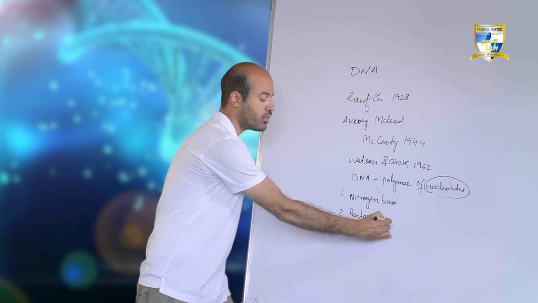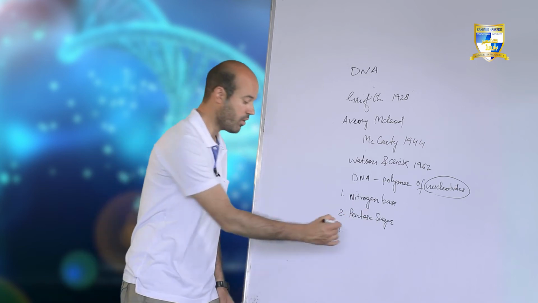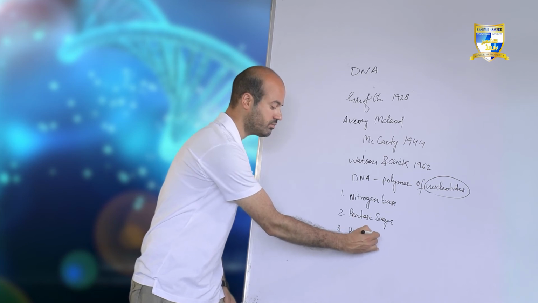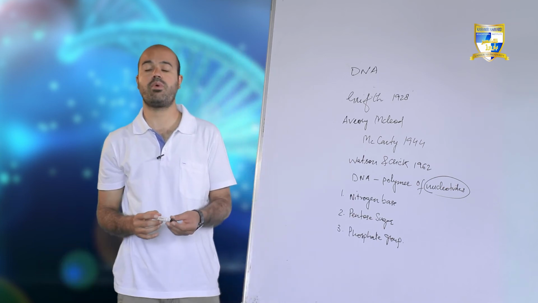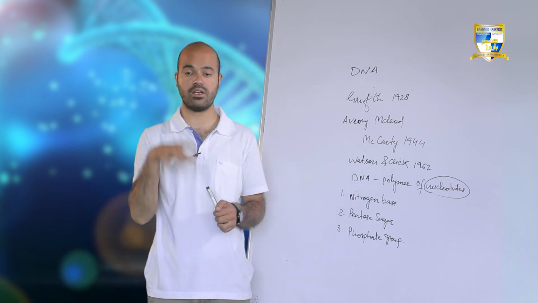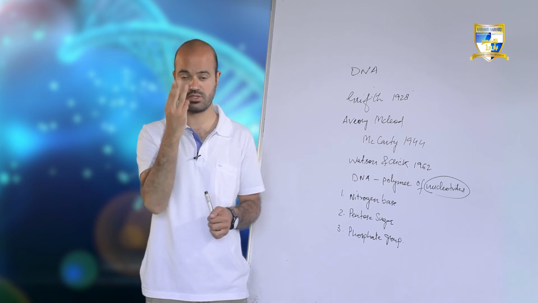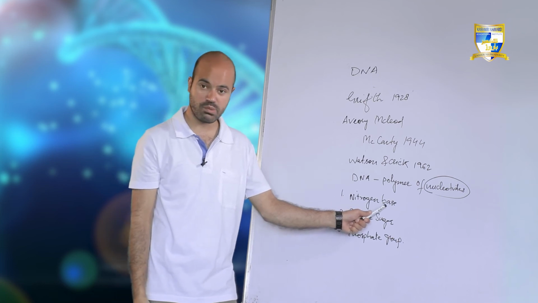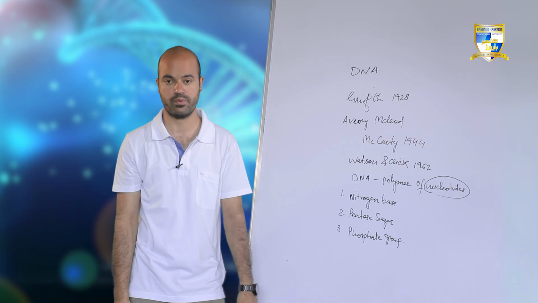And the third component of the nucleotide is what we call the phosphate group. So DNA is a polymer of nucleotides, and a nucleotide is formed of three components: first, nitrogen base; second, pentose sugar; and third, phosphate group.